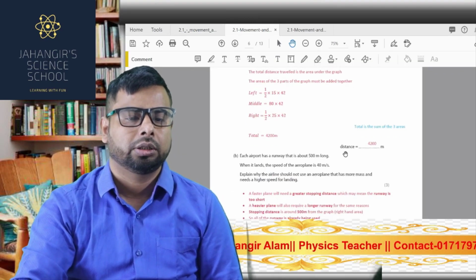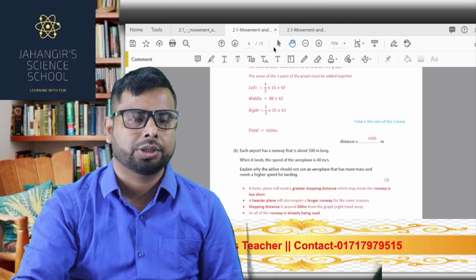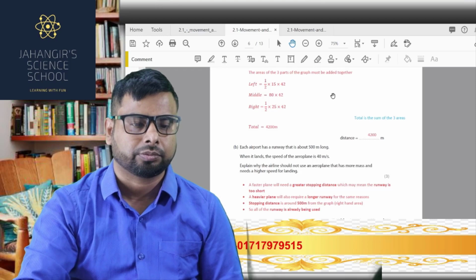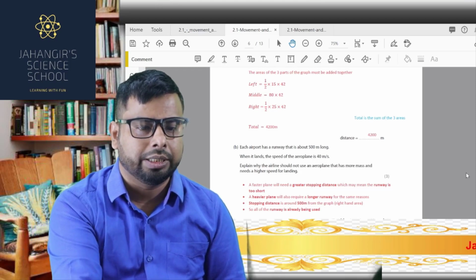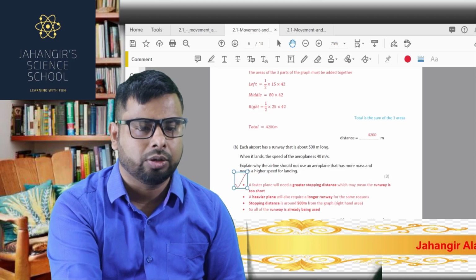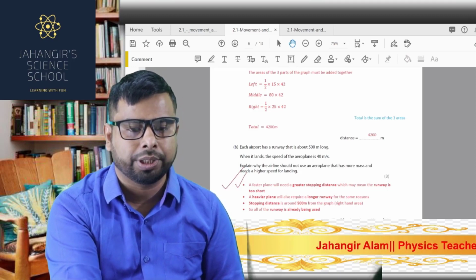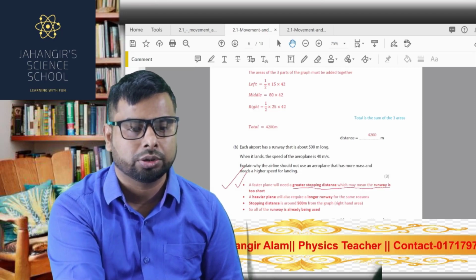Okay, now look at the model answer here. A faster plane will need a greater stopping distance, which may mean the runway is too short.